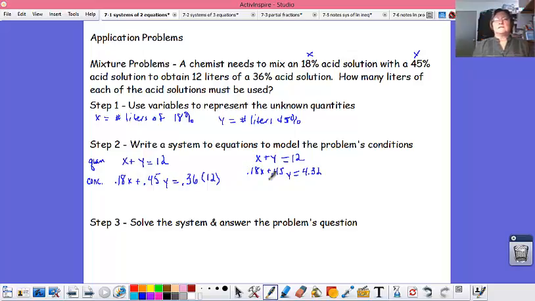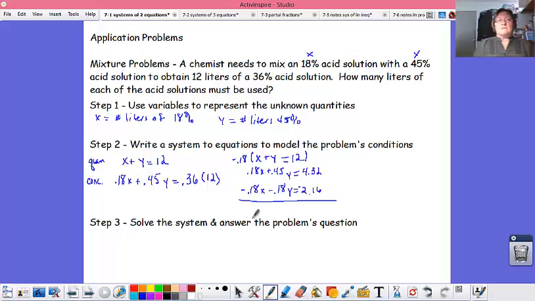Alright, now we're ready to start doing our elimination. If we multiply our top equation by negative 0.18, we could get rid of x's. So negative 0.18x minus 0.18y equals negative 2.16. Now we are ready to do the elimination step.